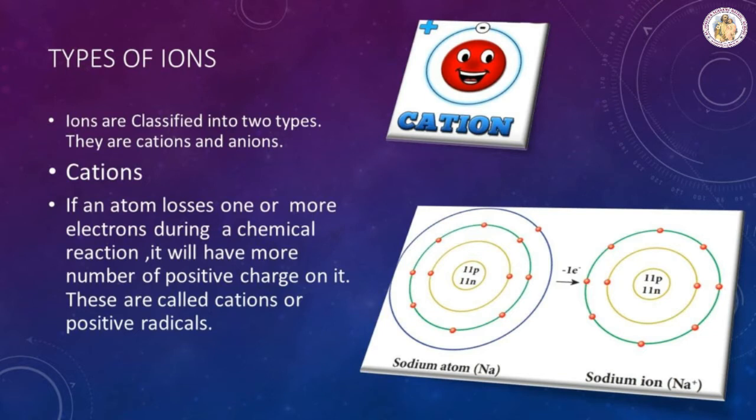Example, sodium atom loses one electron to attain stability and it becomes a cation. So sodium ion is represented as Na+. How? If sodium loses one electron, the number of protons in the sodium atom is more. So it becomes Na+.